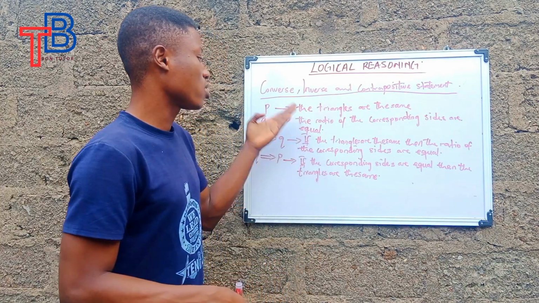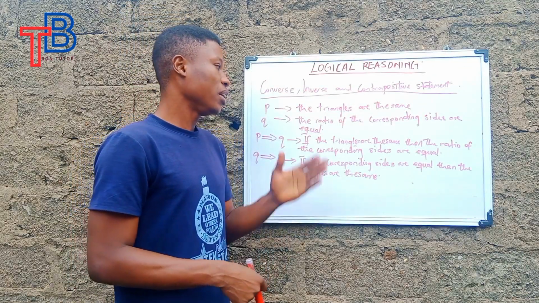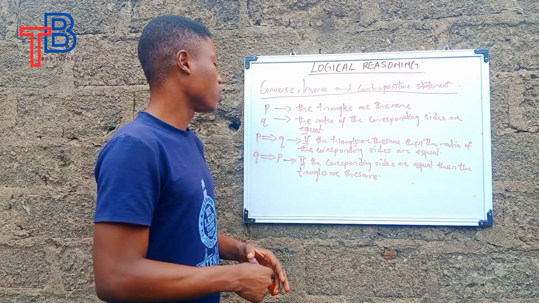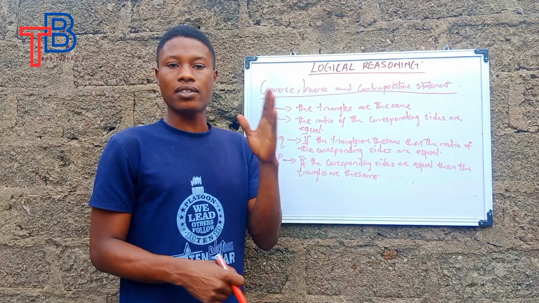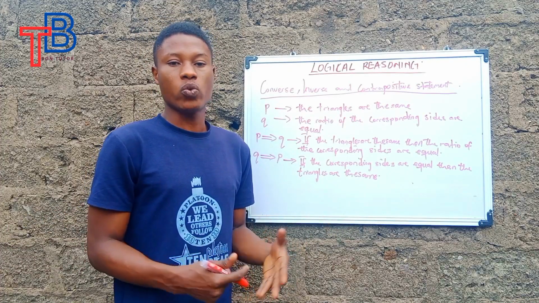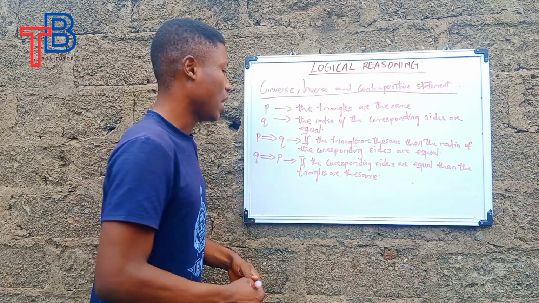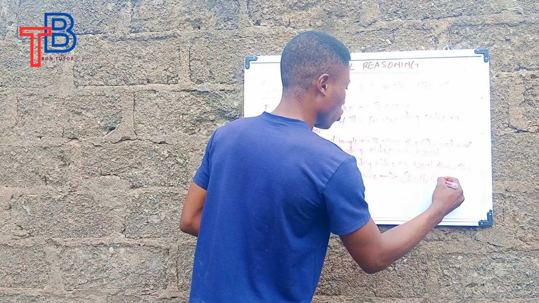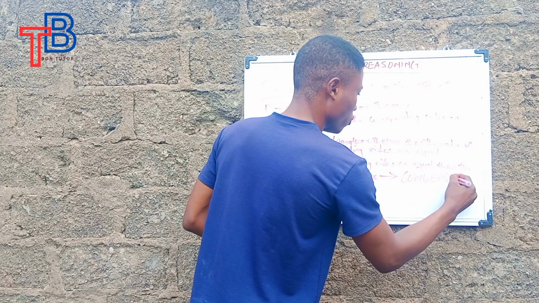The first one says if the triangles are the same, then the ratio of the corresponding sides are equal. And the second one says if the corresponding sides are equal, then the triangles are the same, which means we are still saying the same thing.